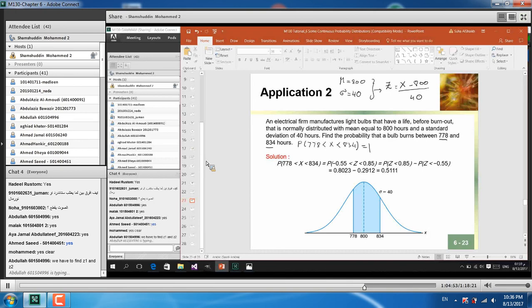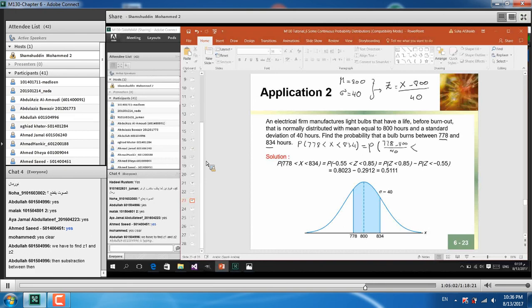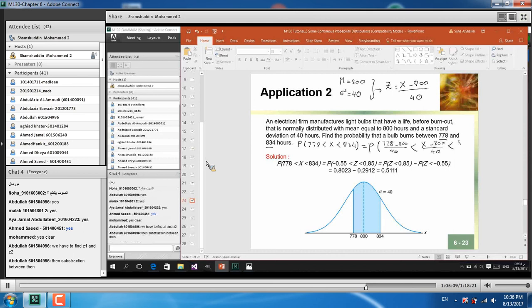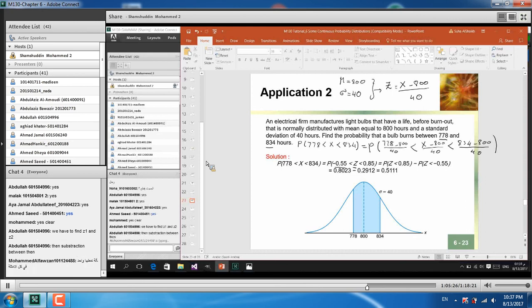I can change this to probability 778 minus ال 800 على 40 less than ال x نشيل منها 800 ونقسم على 40 less than ال 834 نشيل منها 800 و divide by 40. كل الأطراف سوينا فيها نفس الشيء. In the middle it is z. هنا it is minus 0.55. هنا it is 0.84.